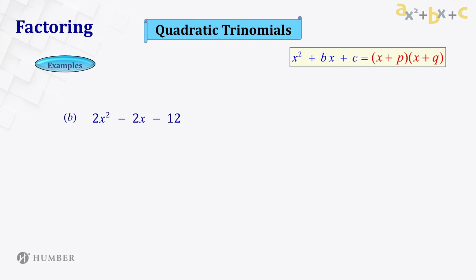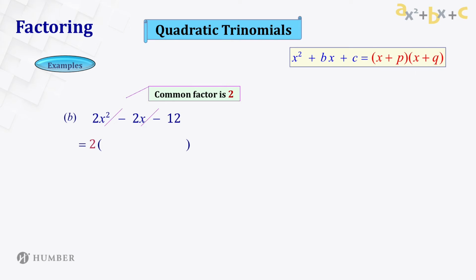Let's look at another example for quadratic trinomials. First, we need to check for any common factors. We can see the common factor 2 in each term. Let's take the common factor 2 out from each term.